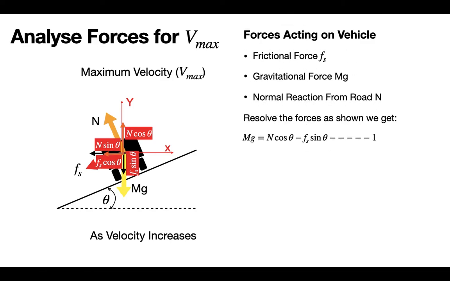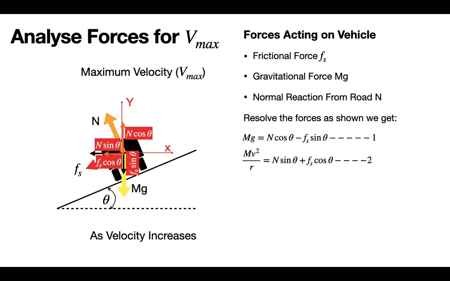We can very well say that minus mg minus Fs sin theta is equal to N cos theta, and if you multiply by minus, you get mg equal to N cos theta minus Fs sin theta.